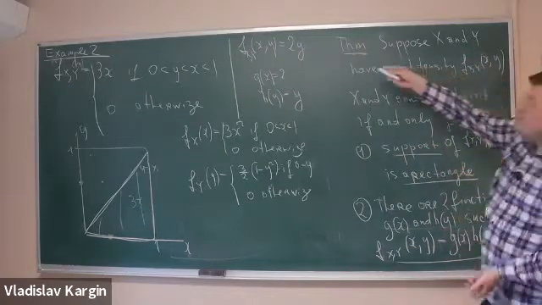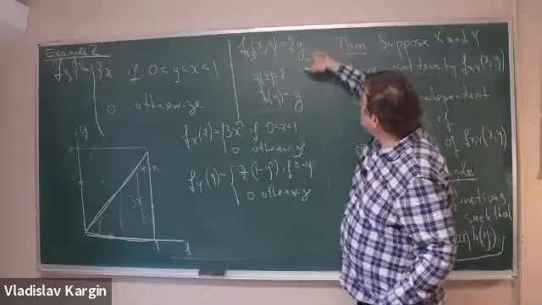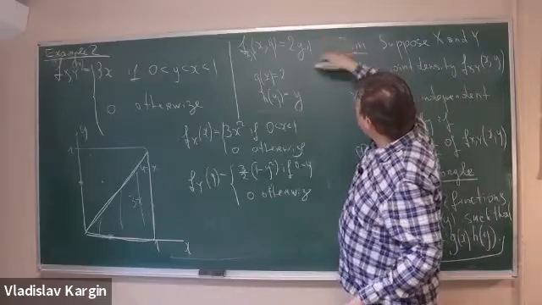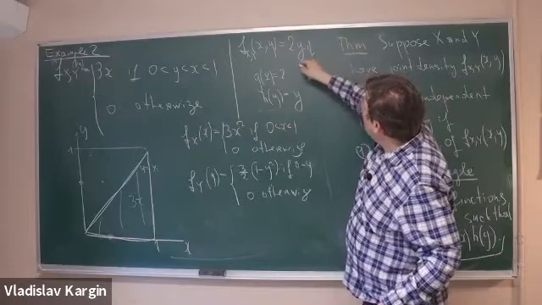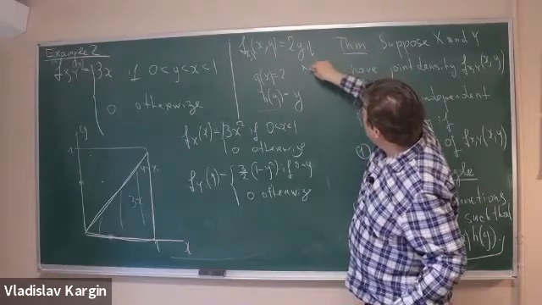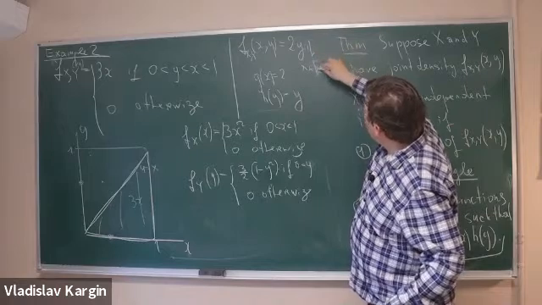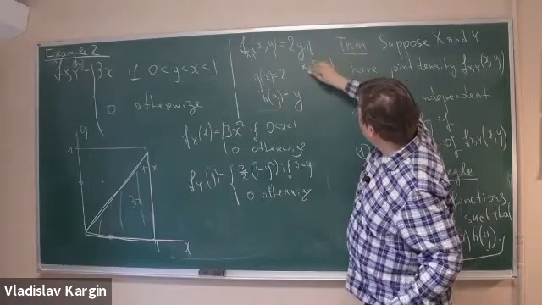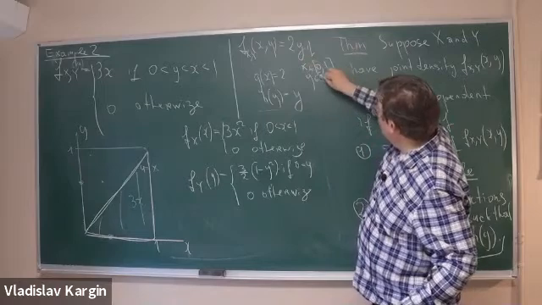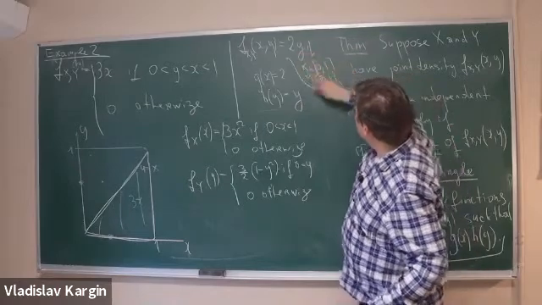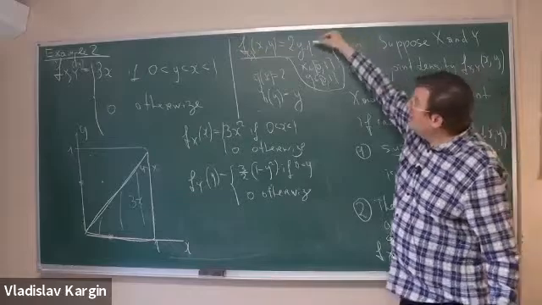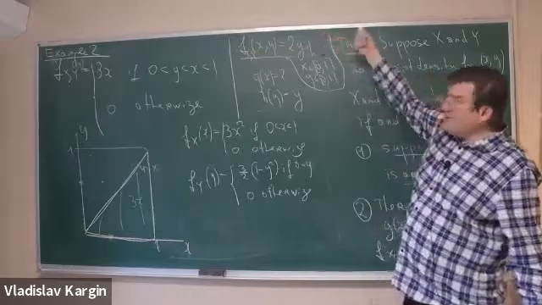So for this random variable, the support is where x belongs to the interval 0, 1, and y belongs to the interval also 0, 1. So we can say the support is a rectangle, and this is a product of two functions, so everything is okay.